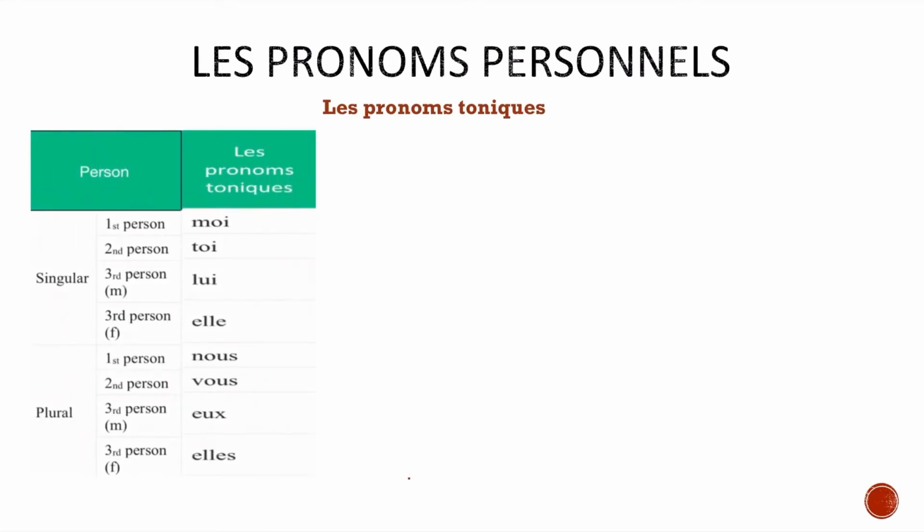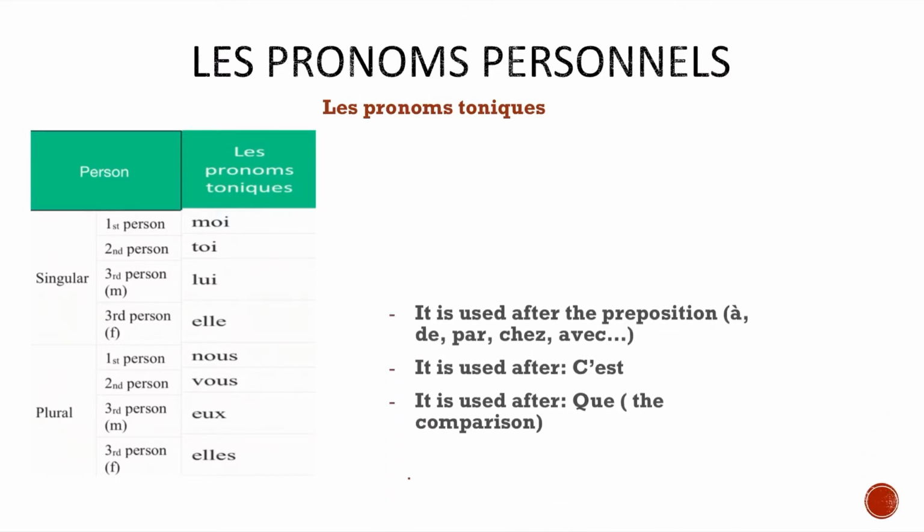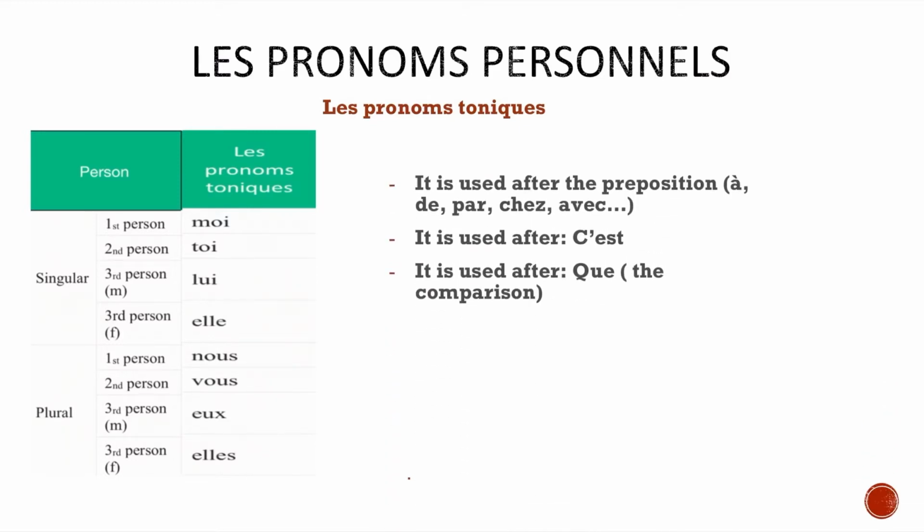As you see in the table, there are moi, toi, lui, elle for singular form, and nous, vous, eux, and elles for plural form. Le pronom tonique is used after the preposition à, de, par, chez, avec, etc. It's used after c'est. It's used after que when we compare.